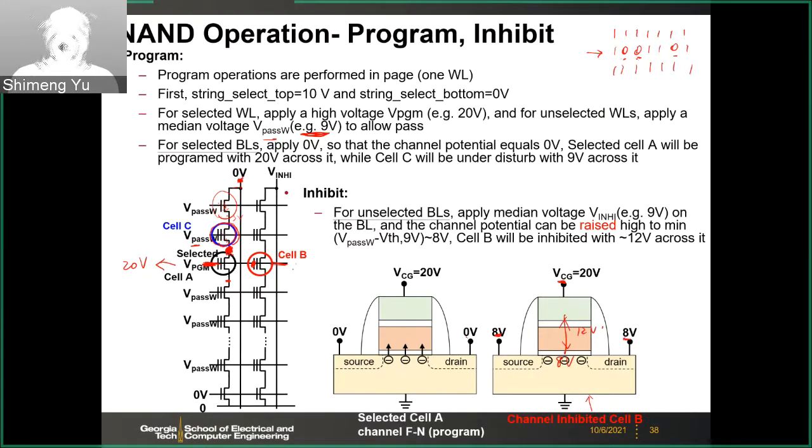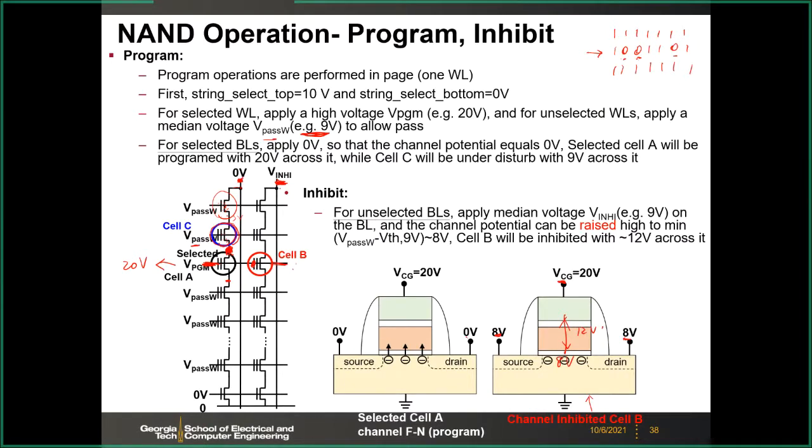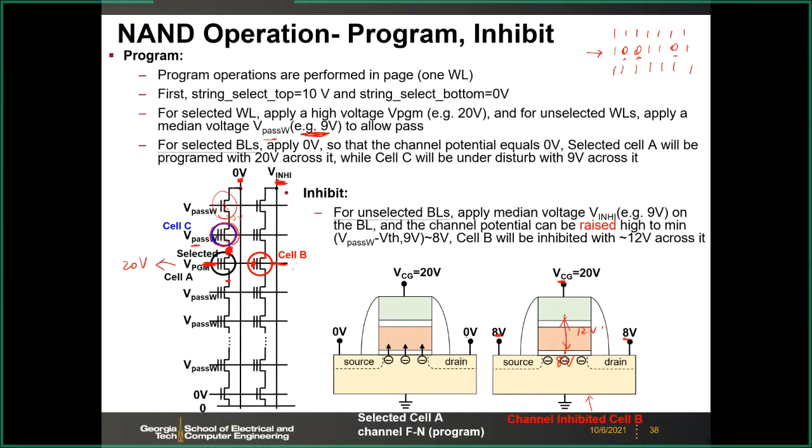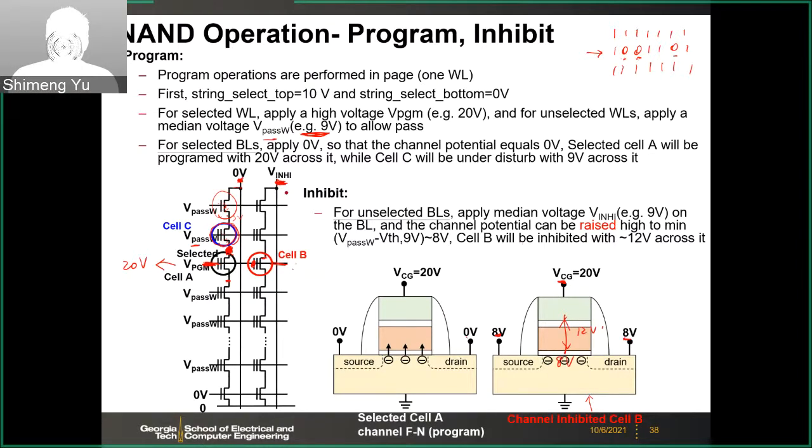So how do we inhibit cell B? So again, we have to apply some voltage, V inhibit, from the bit line. And this inhibit voltage needs to pass to the cell B source and drain. So in this case, we apply 9 volts to the inhibit voltage.